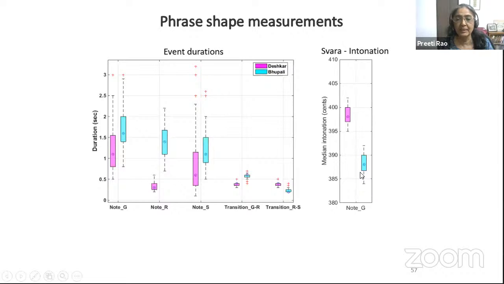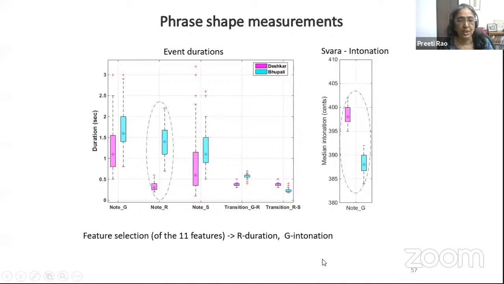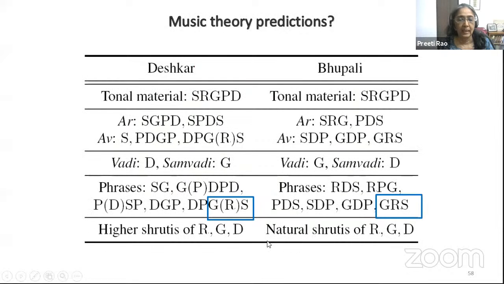Similarly, in the intonation, it is known that the Deshkar Ga note, for example, is intoned several cents higher than that in the Bhupali raga. So here is another distinction. This suggests some features we could use for raga distinction. And it turns out that in the grammar also there are some indications.